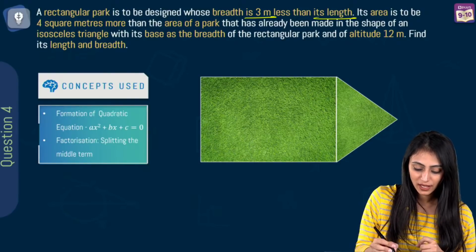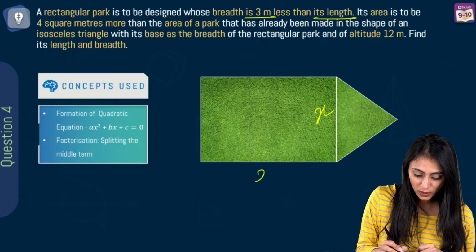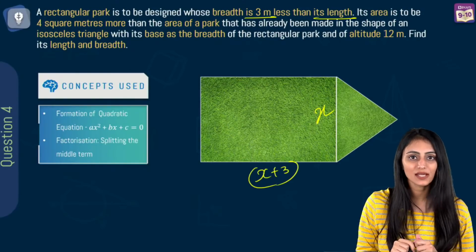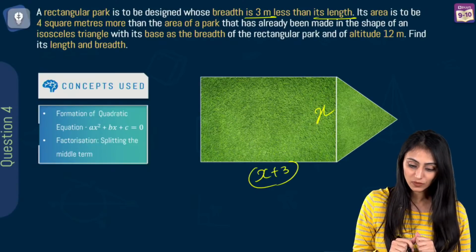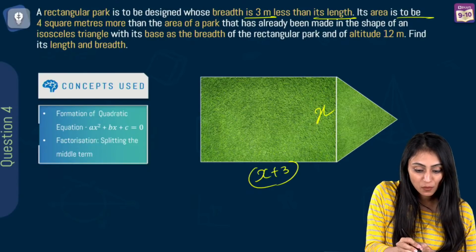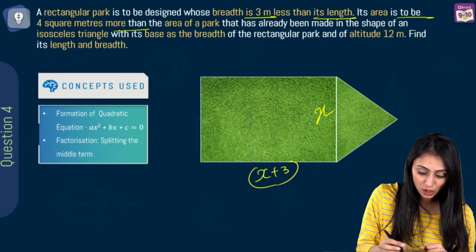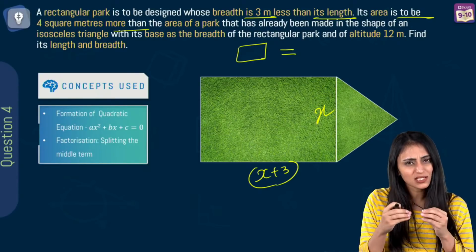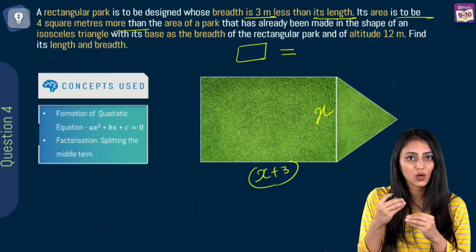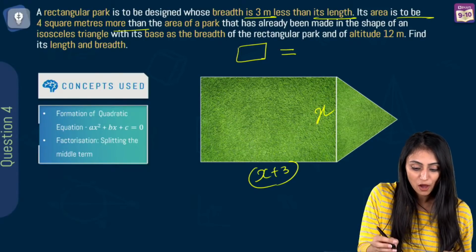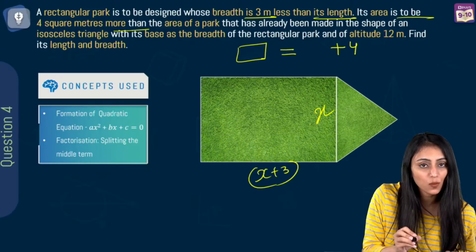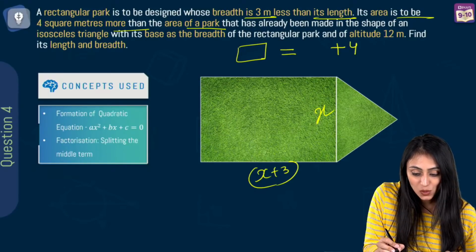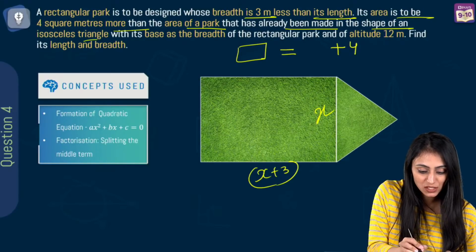Alright, so let's say breadth over here is x, so length is going to be x plus 3. Makes sense, right? Alright, so its area is to be 4 square meter more. The question is saying the area of this rectangular park is to be, means equal to. That's how basically we frame equations from a given statement, 4 square meter more than what? Area of a park that has already been made in the shape of an isosceles triangle.